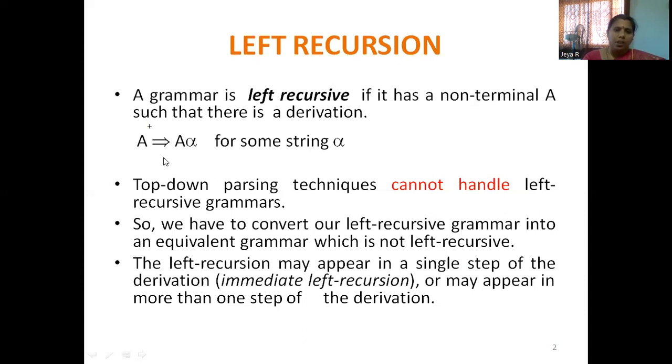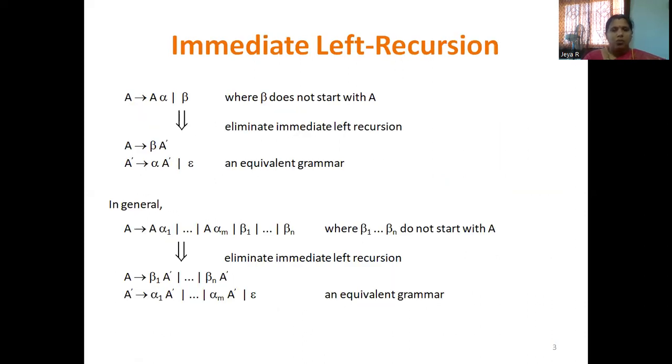There may be an immediate left recursion, there may be an indirect left recursion. We will see one by one. So how to eliminate the immediate left recursion? If the grammar A produces A alpha or beta, the non-terminal produces the same non-terminal on the production side. So the non-terminal A has different productions: A produces A alpha or A produces beta.